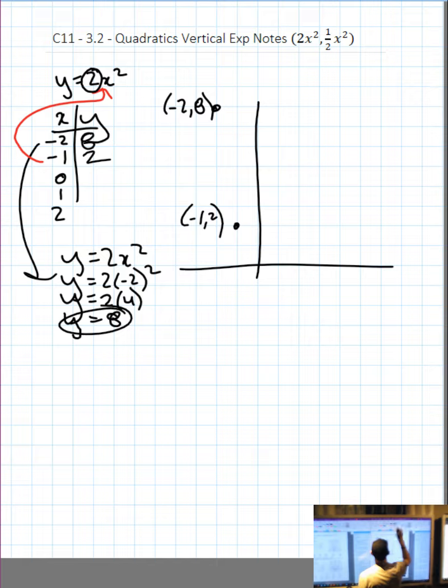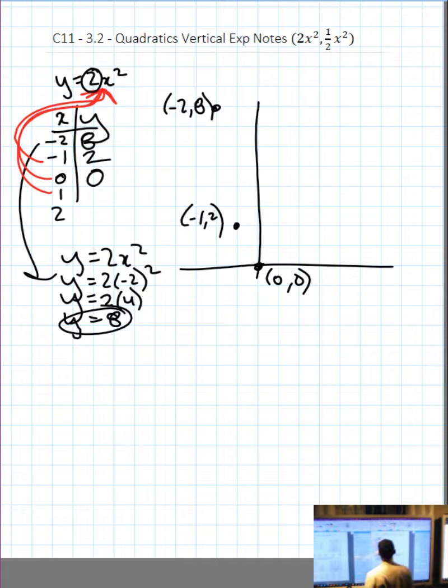Okay, taking x being 0, substituting it in, doing exponents first. 0 squared is 0, times the coefficient 2 is 0. 0 in the table. Again, 0 squared is 0, times 2 is 0. Putting the point on the graph, 0, 0. Then taking the next x value 1 and substituting it in for x.